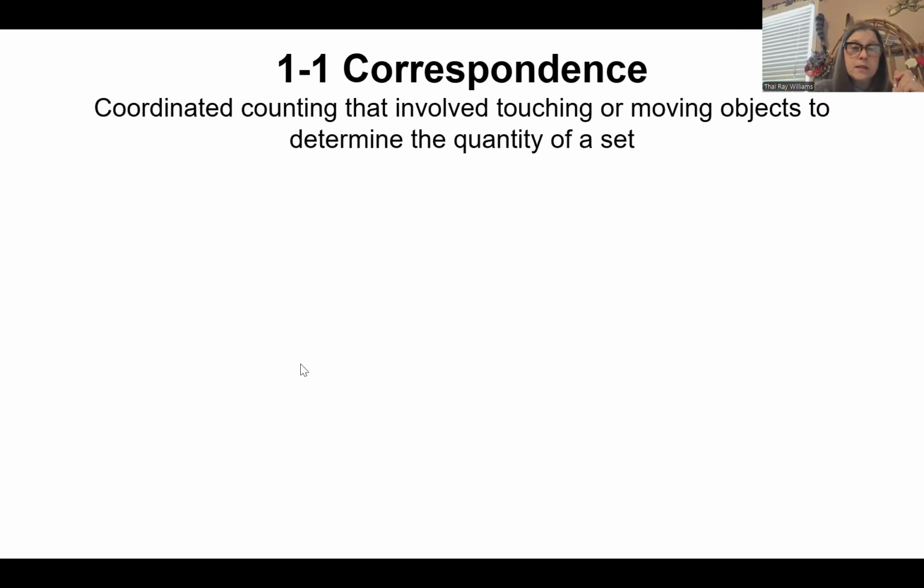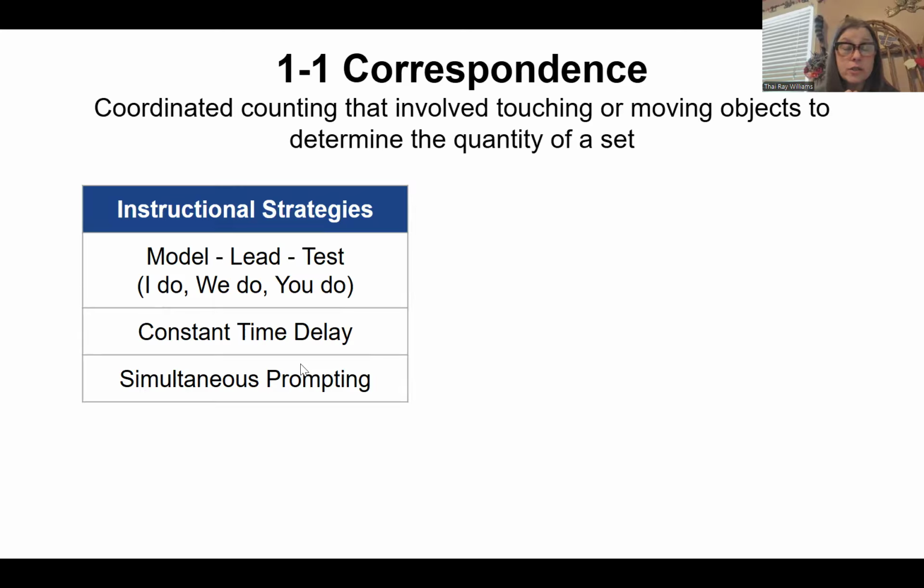And let's look and see what kind of instructional strategies you could use. Again, you could use model lead test. So when I tell you you came in with a great foundation, model lead test is a great evidence-based practice for our students. Constant time delay, simultaneous prompting. All of those are really great strategies to use when teaching one-to-one correspondence.